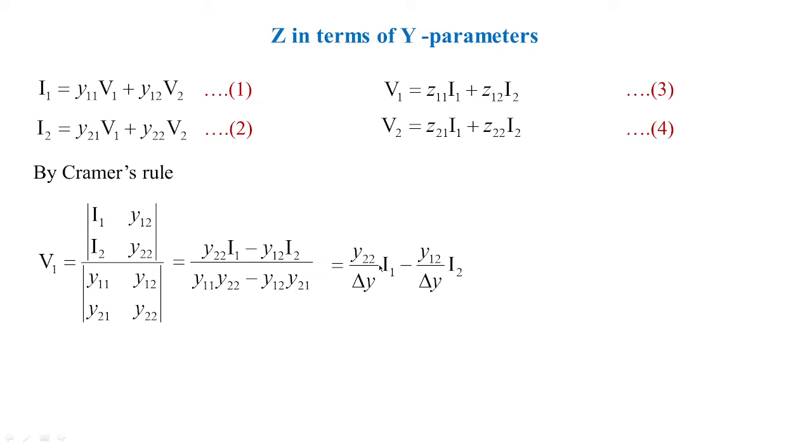So I'm going to compare this value with equation 3, that is Z11 I1 plus Z12 I2. With equation 3 and this equation of V1, I get Z11 equivalent to Y22 by delta Y and Z12 is equal to minus Y12 by delta Y. So this is how we obtain the impedance parameters in terms of admittance parameters for V1.